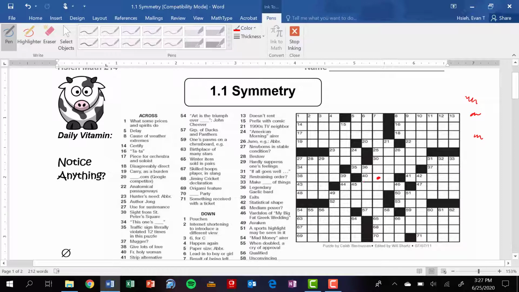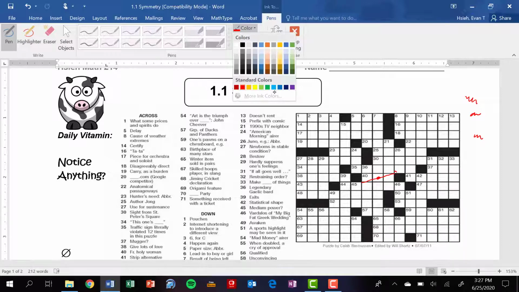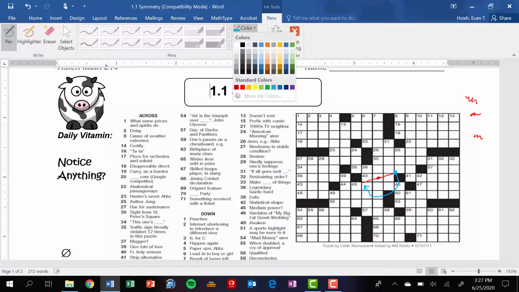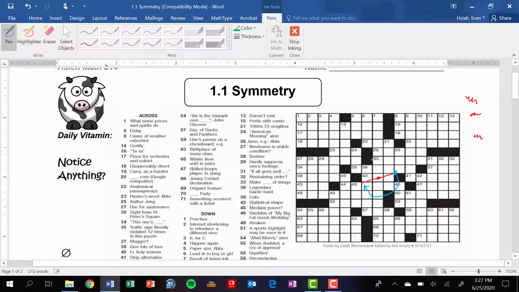For example, this point right here rotates 180 degrees over to here. If I pick another point, this point right here, it's going to rotate 180 degrees over to this point right there. So everything in this figure basically has point symmetry.